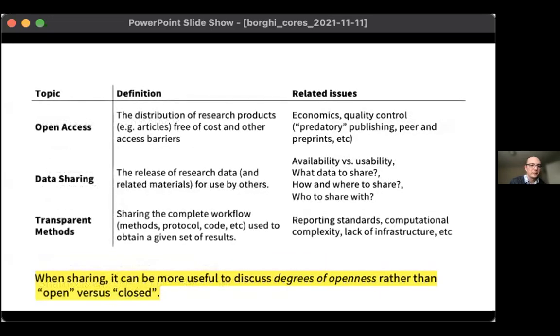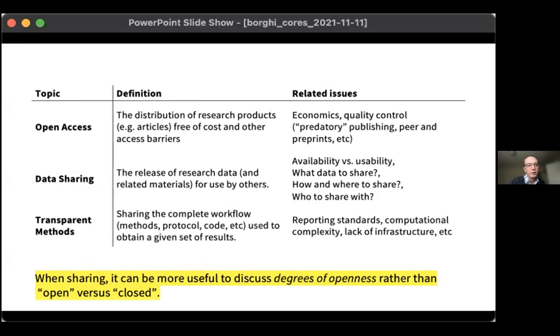Okay. So I'm not going to go through all these formal definitions right now, just to say that this slide includes some definitions for open access, data sharing, and transparent methods. Especially the latter two are things that have been talked about in great detail in these talks.